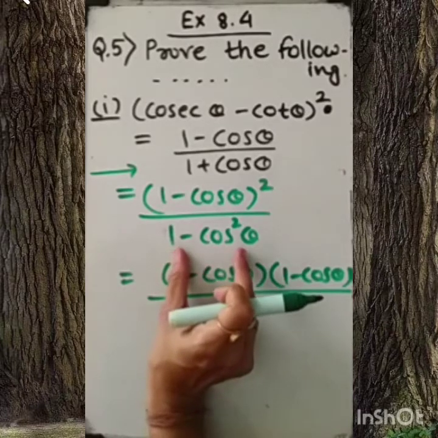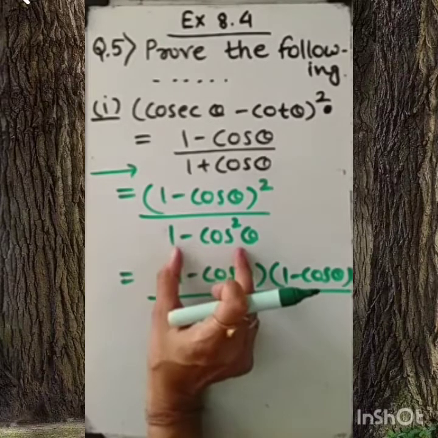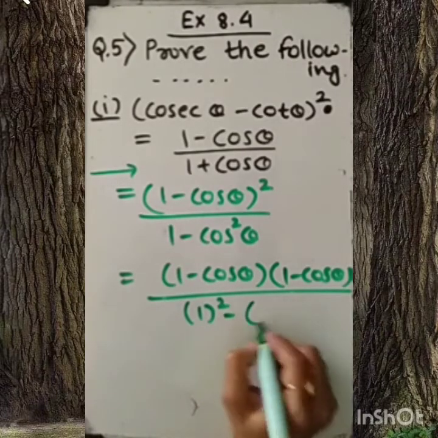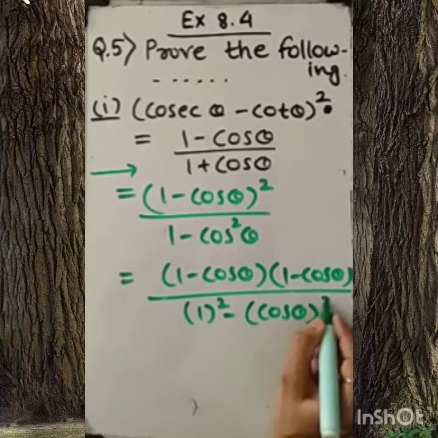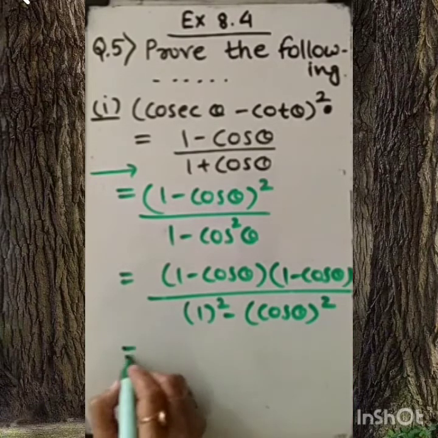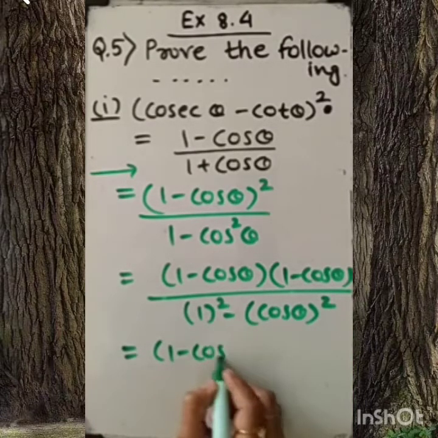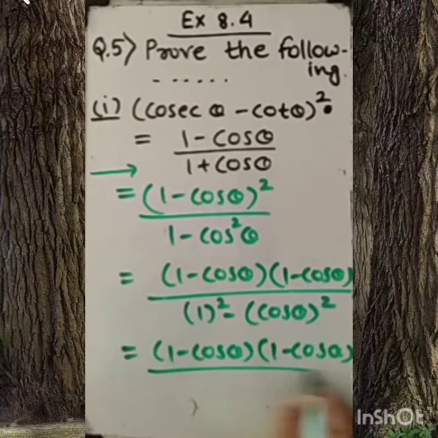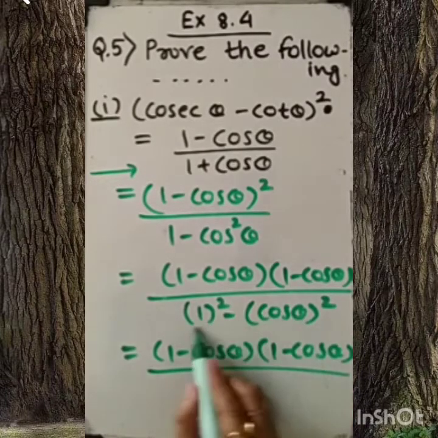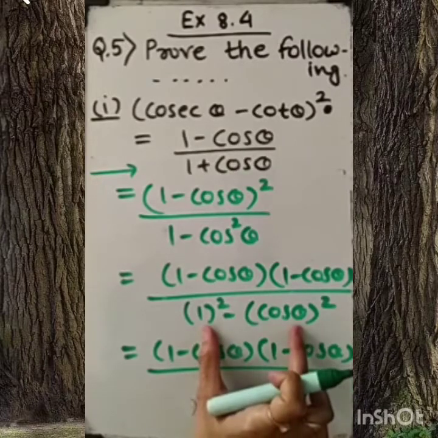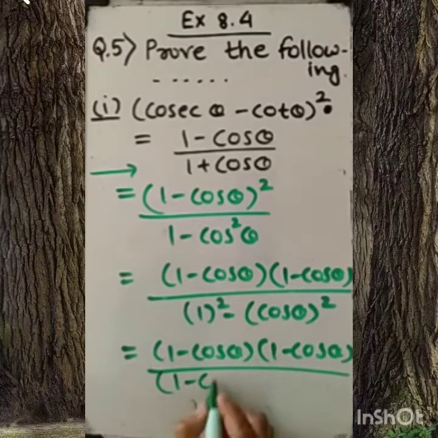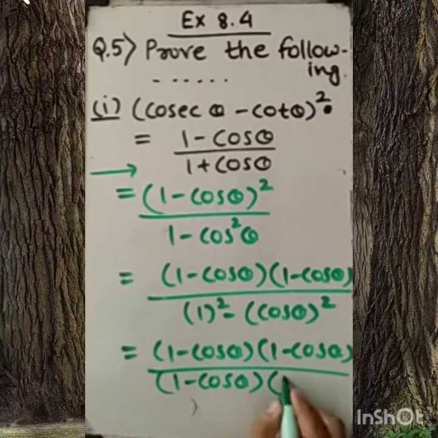now this resembles the third identity. You know very well that is the square of the first number minus the square of the second number. Just like that. So in the numerator we already had 1 minus cos theta, 1 minus cos theta. And if I apply a square minus b square, then it will be (a minus b)(a plus b).